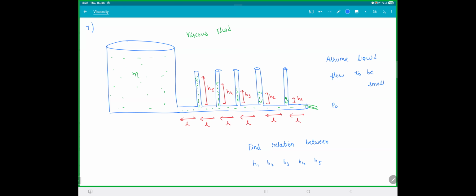We don't want the exact values, we want the relation between them. Again, you have to use Poiseuille's equation. So let's see.